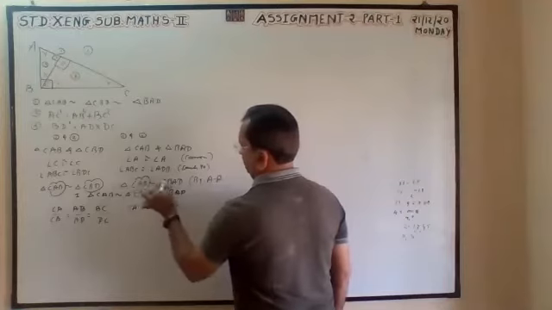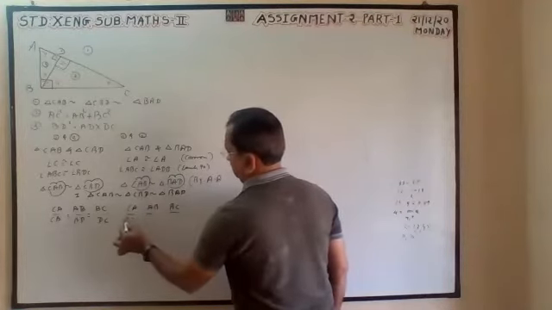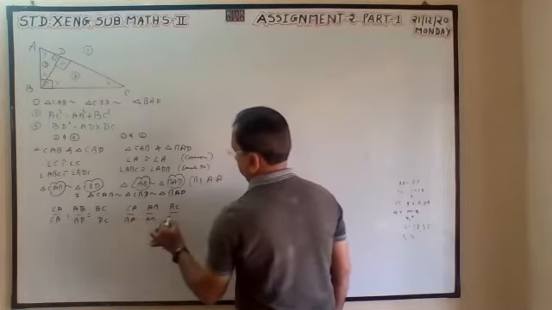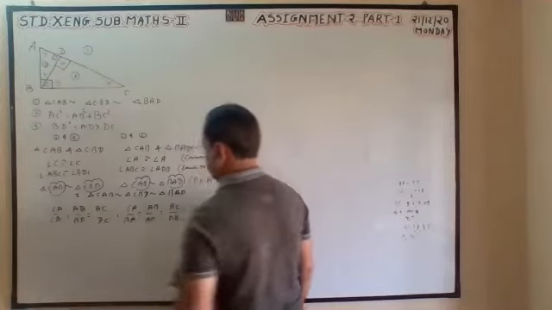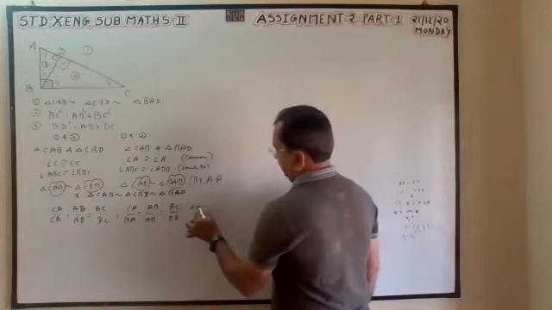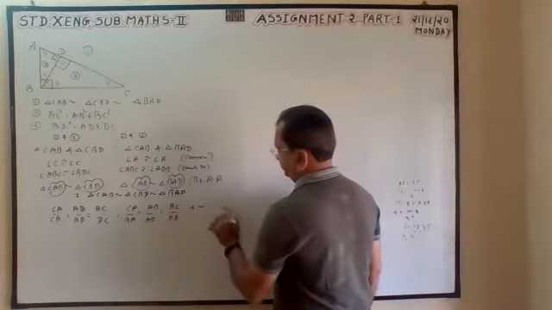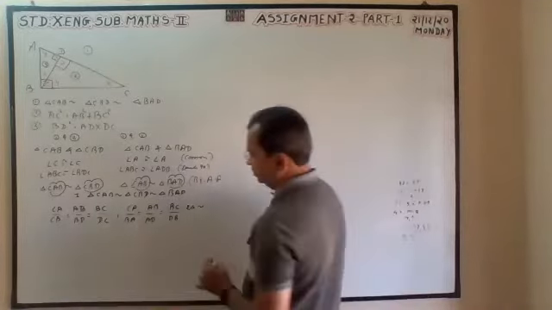First, second, second, third, first. Triangles similar. Two triangles are similar.